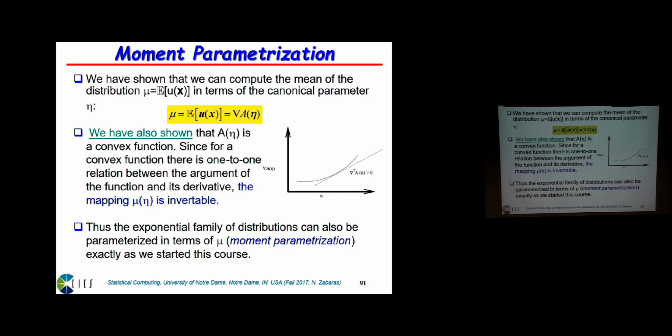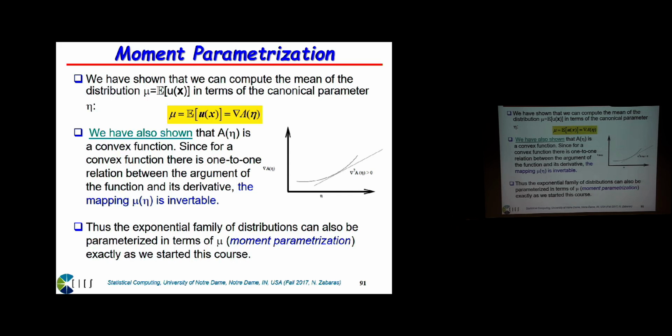Effectively that means if you look at this equation, the moment mu, equal to the expectation of u, is equal to the gradient of A. Because A is convex, this equation of mu equal to gradient of A is invertible. So for all of these distributions, you can write eta uniquely in terms of mu, the same way you can write mu in terms of eta. So there is no ambiguity, there are no multiple solutions or anything like that.